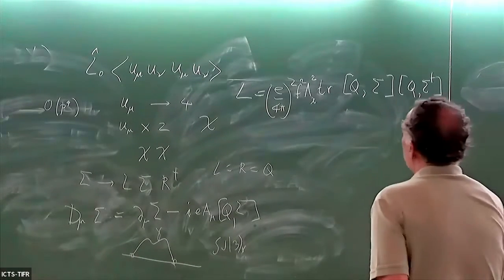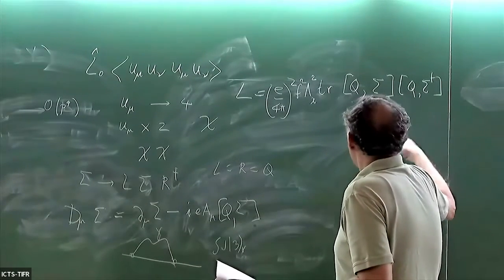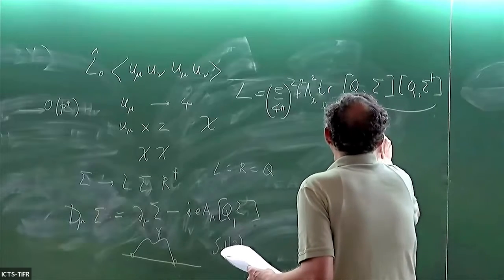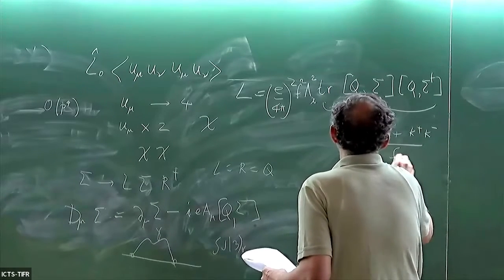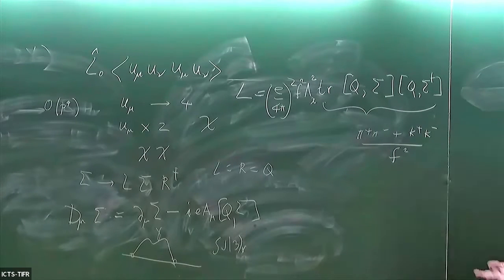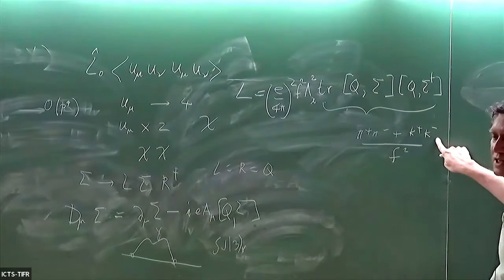And the homework problem is to do this trace. And you will find that the trace basically gives you pi plus pi minus plus K plus K minus divided by F squared times some number. So this is Dashen's theorem, that the electromagnetic correction to the charged pion and the charged kaon are equal.